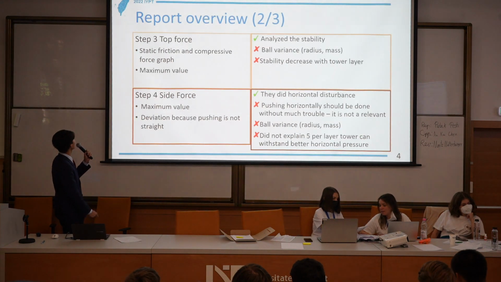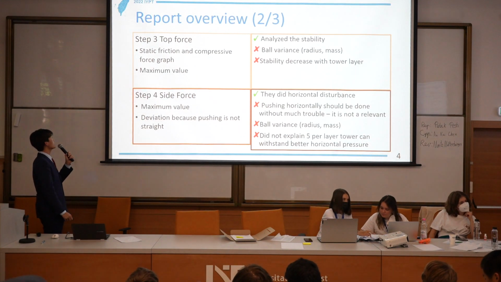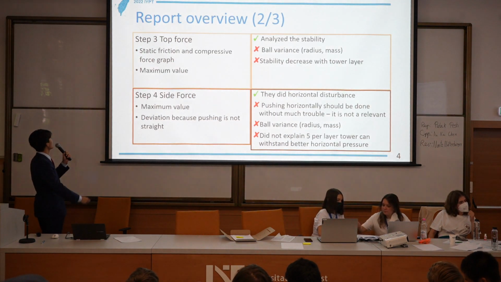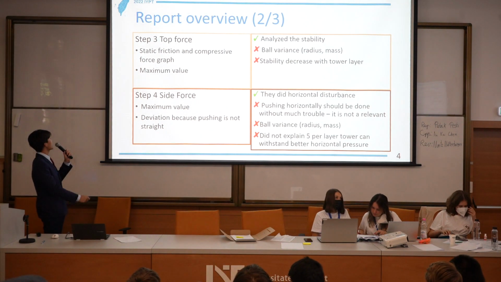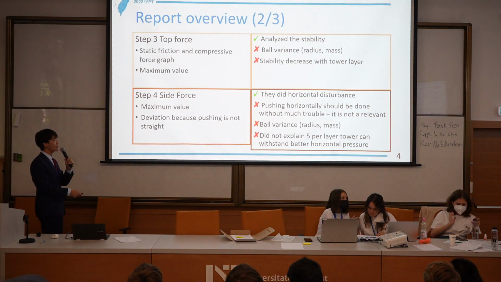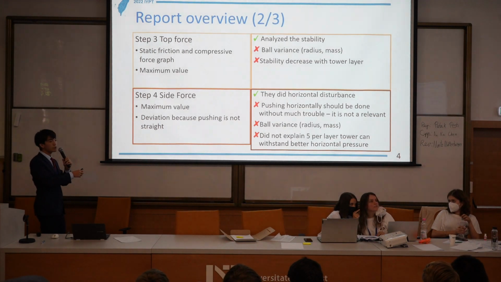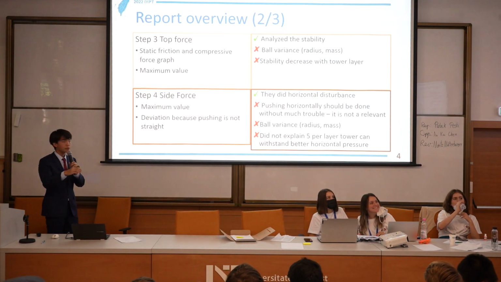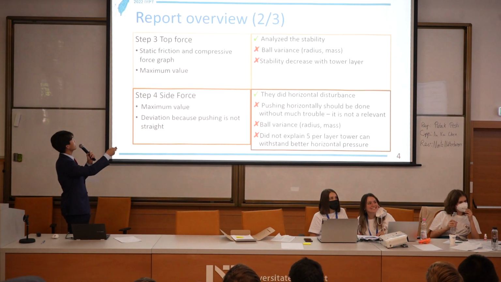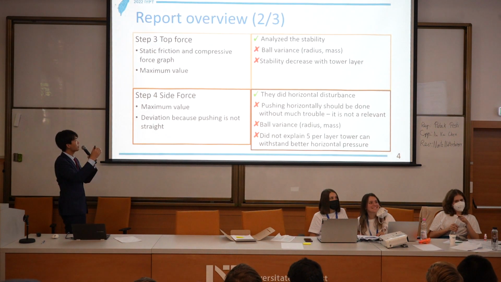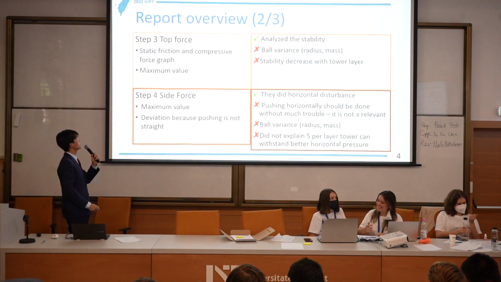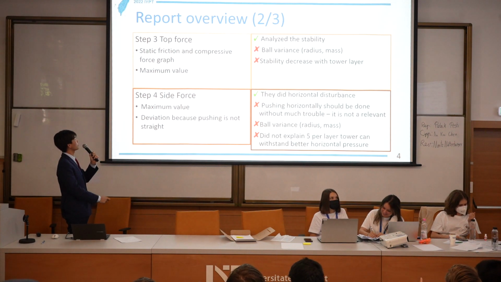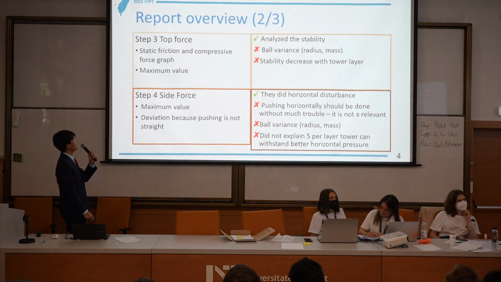And then they did an experiment on the top force, which is a vertical one, and they made a static friction and compressive force graph. They found a maximum value for the vertical force on the three-layer tower. We think that they analyzed the stability of the top by applying vertical force, but they didn't mention the ball variance and the mass.